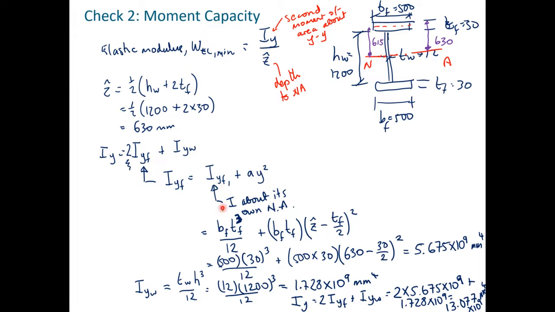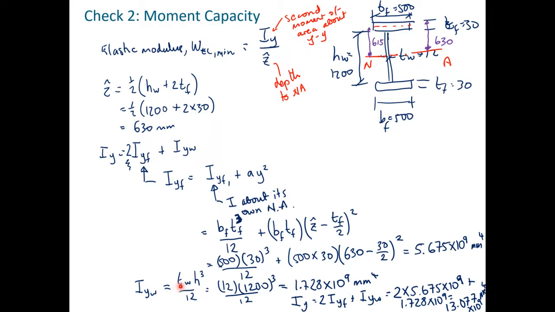So the second moment of area of this rectangle up here is just the width, B, times the thickness cubed divided by 12, plus its area, which is the width, B, times the thickness, tf, times the distance from the neutral axis in the member up to the center of that one, which is 615 millimeters squared. So that's what's put in there. And we get a value out here, 5.675 by 10 to the power 9 millimeters to the power 4.